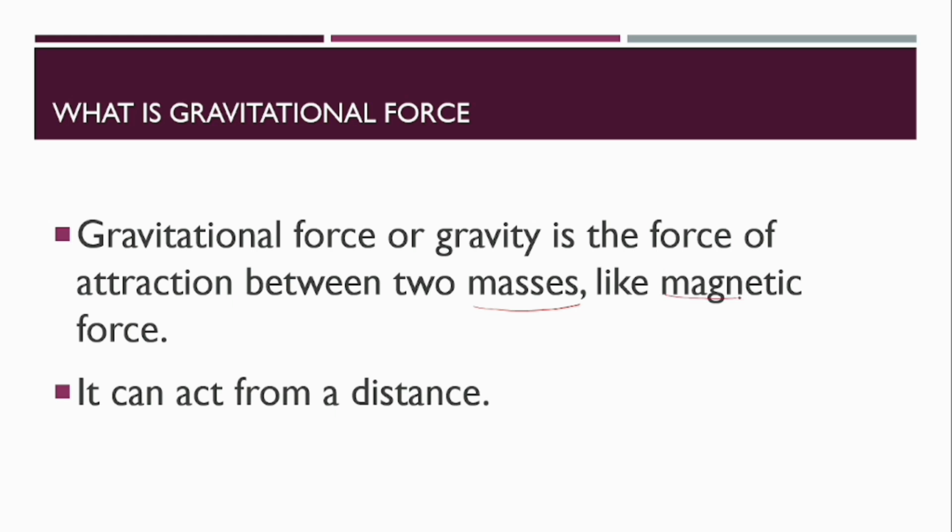It is similar to magnetic force, but unlike the magnetic force, it can act between any two masses which have some certain mass, but magnetic force only acts between the magnetic materials. Gravitational force is a non-contact force. It means it can act from a distance without touching the surfaces of the objects.